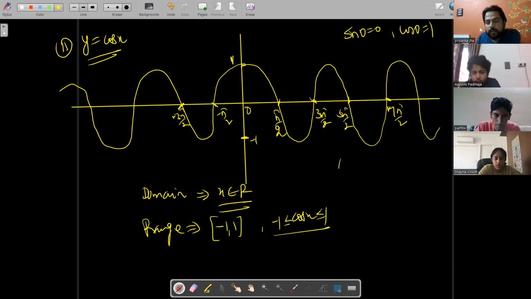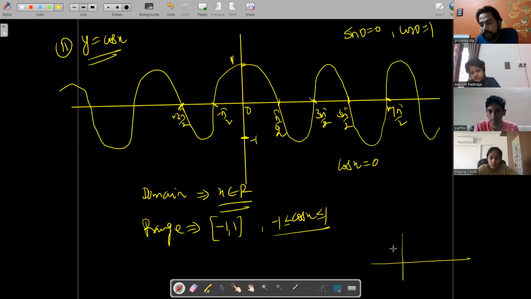Sir, can you explain the undefined part again? See, undefined means for a certain value of x, the function will not give you any value, right? So it means that the function is not continuous. It means that there is a break, a gap in the curve like this. Suppose I draw any curve like this.